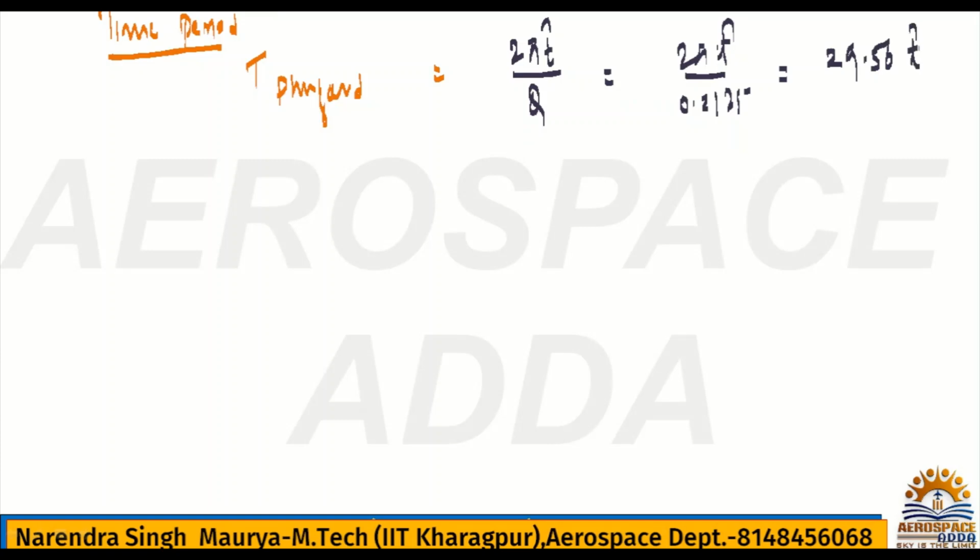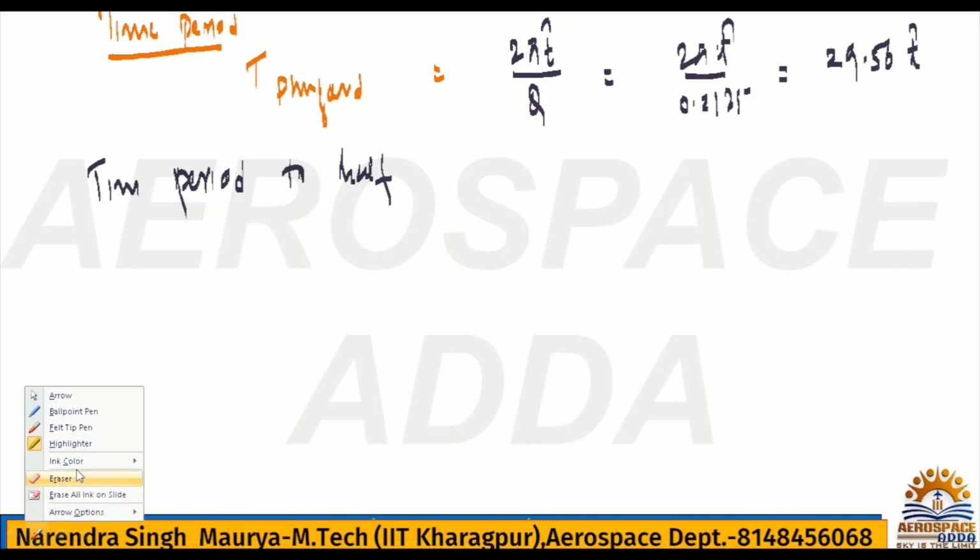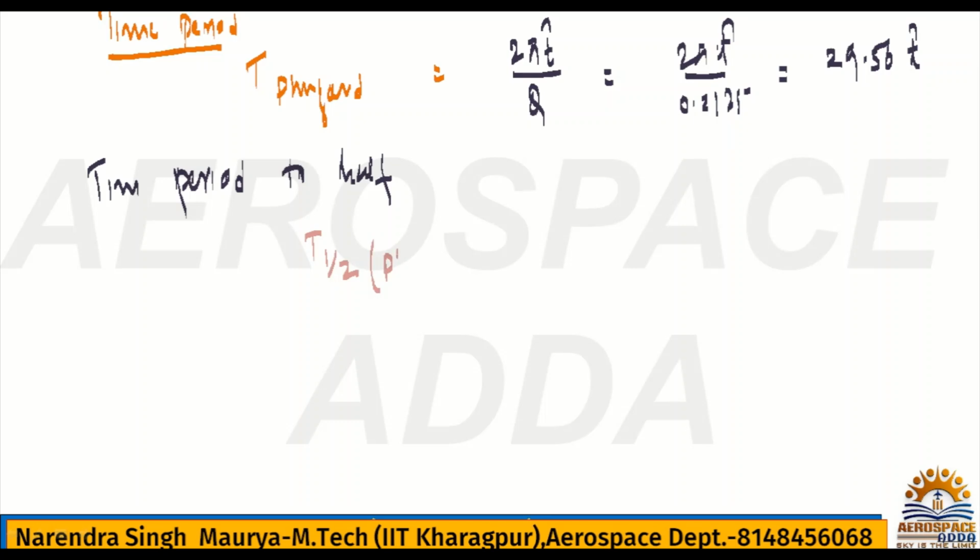Now the next value you are going to calculate is the time to half, denoted by t1 by 2, and this is for phugoid, so you can keep ph here so it will be clear.